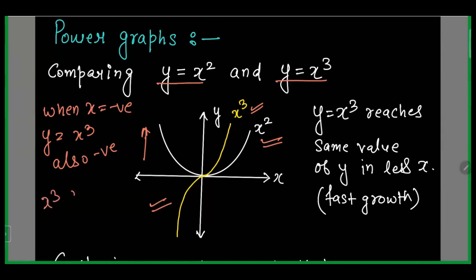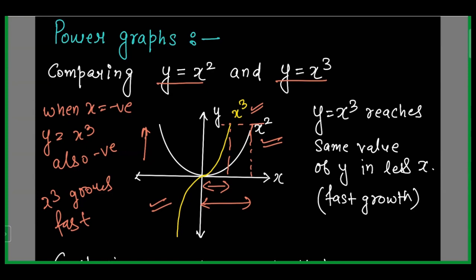What is the second feature? The x cube graph grows fast. Both the graphs reach almost the same value of y, but you can see the yellow graph took less amount of x to reach y, while the x square graph took more amount of x to reach the same value of y.